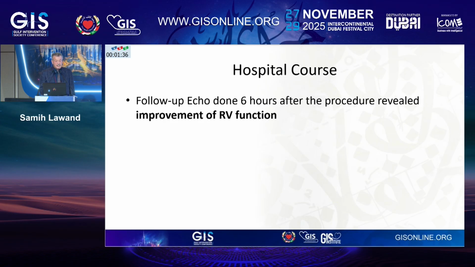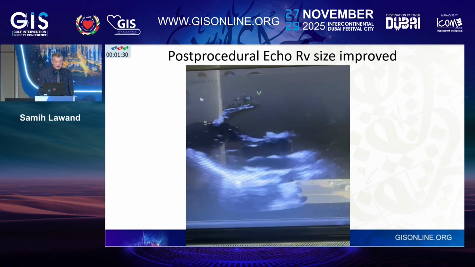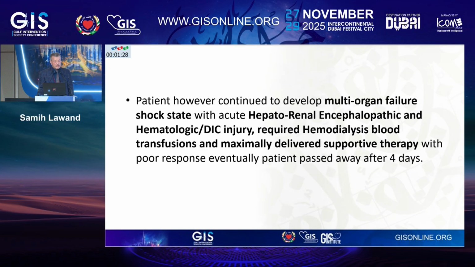Follow-up echo done 6 hours after the procedure showed some improvement of the RV compared to the left ventricle, but unfortunately this patient already had multi-organ failure, shock state, hepatorenal, encephalopathic, hematologic, DIC injury, required hemodialysis, required transfusions, required maximally delivered supportive therapy, and unfortunately by day 4 of her care, she passed away.